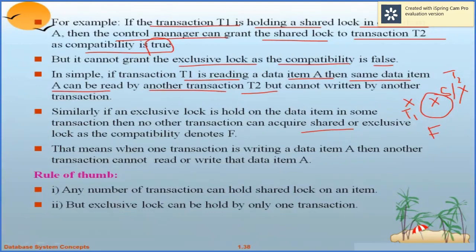So if my first transaction is working with the exclusive lock, and my second transaction on the same data element is trying to impose either a shared lock or an exclusive lock, in both cases the compatibility is going to fail, or it's going to be false. That means if one transaction is writing the data item A, then another transaction can't read or write the data item.